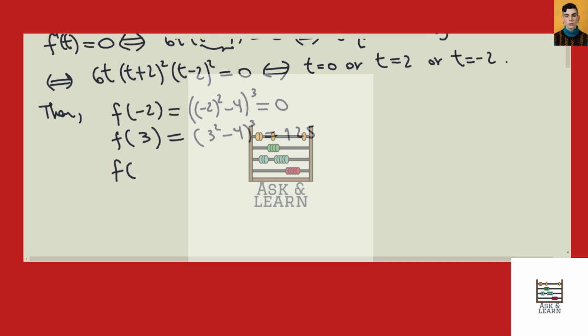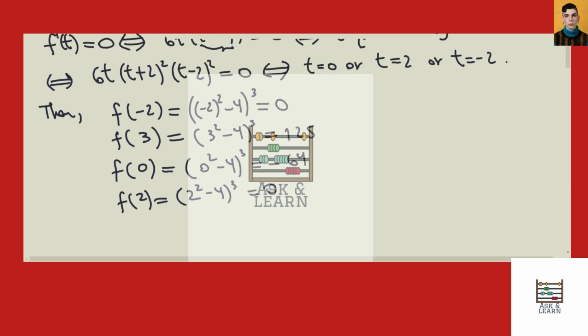Then f at the critical number 0 is (0 squared minus 4) cubed, which is negative 4 cubed, which is negative 64, and f at the critical number 2 is (2 squared minus 4) cubed, which is 0.